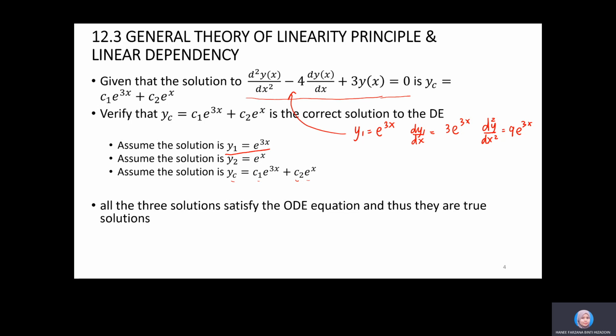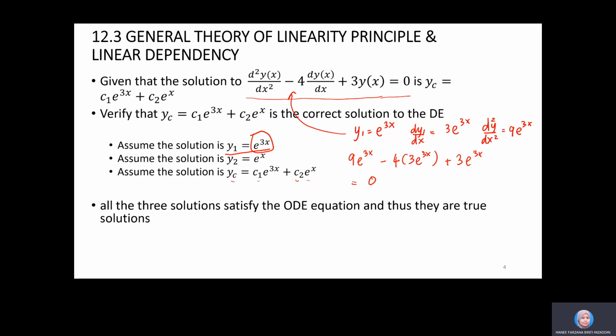So d2y over dx squared is 9e to the 3x, minus 4 times dy dx, which is 3e to the 3x, plus 3 times y, where y is e to the 3x. If you do the maths here, 9 minus 12 plus 3 is 12 minus 12, so you get 0. So e to the 3x is a solution for the given ODE.